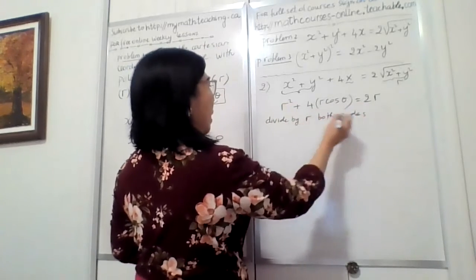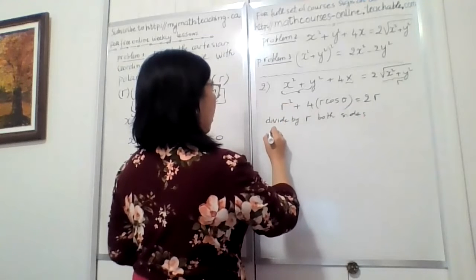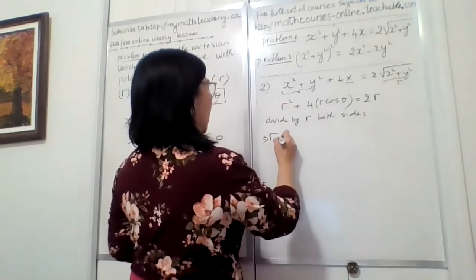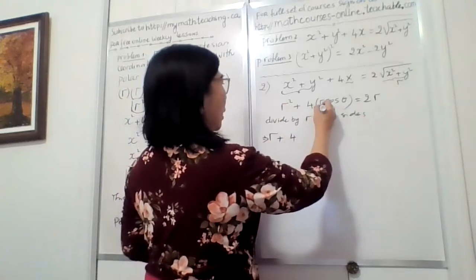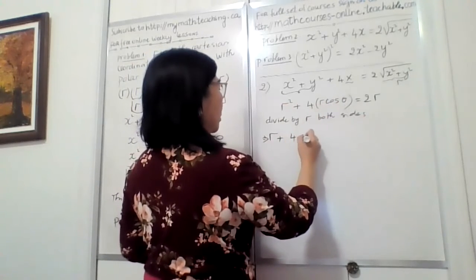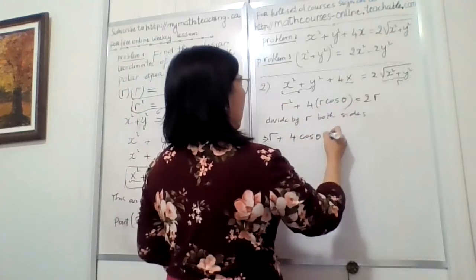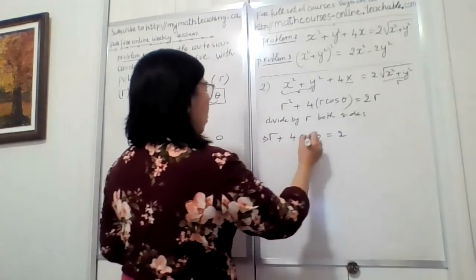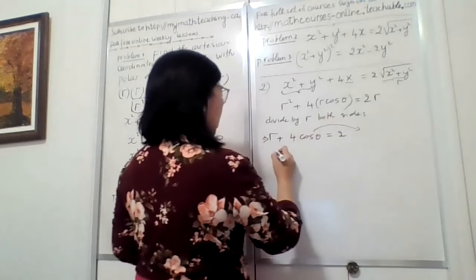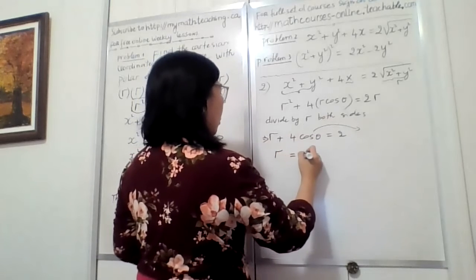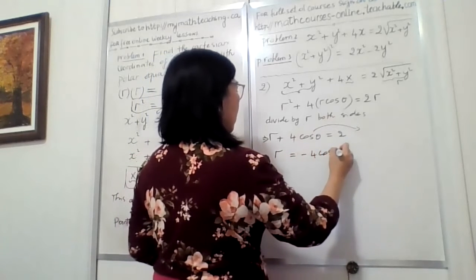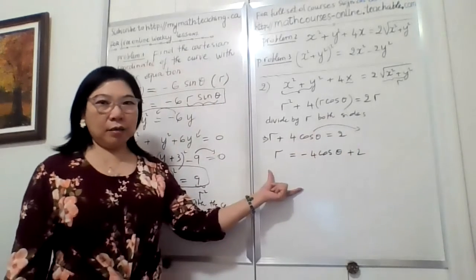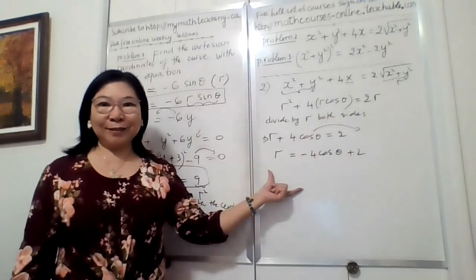So r squared divided by r will be r for this term, adding with 4. r cos theta divided by r will be just cos theta, equal to 2 divided by r is just 2. So now you can move this over, and you can have r equal to minus 4 cos theta plus 2. And this is the polar equation. So we're done.